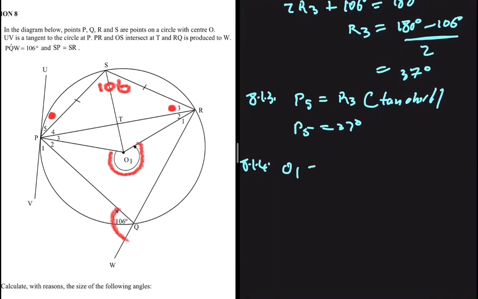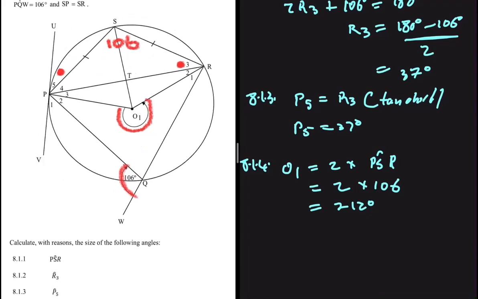So O1 is equal to 2 multiplied by PSR, which is 2 multiplied by 106, which is equal to 212 degrees. So O1 is equal to 212 degrees. Reason being that the angle at the center is 2 times the angle at the circumference. You have to give reasons for all the statements you're making.